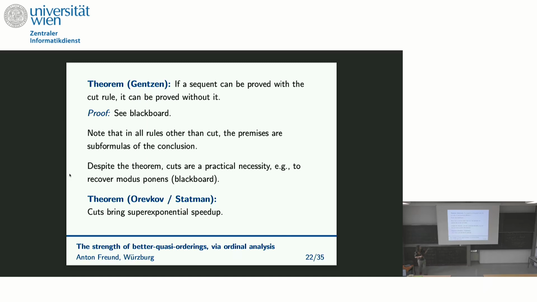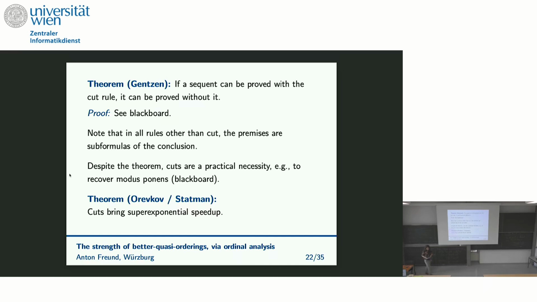And that is one way to see that even though cuts can be eliminated in principle, in practice they are necessary because proofs with cuts, or let's say the other way around, proofs without cuts can just be so much longer than proofs with cuts.